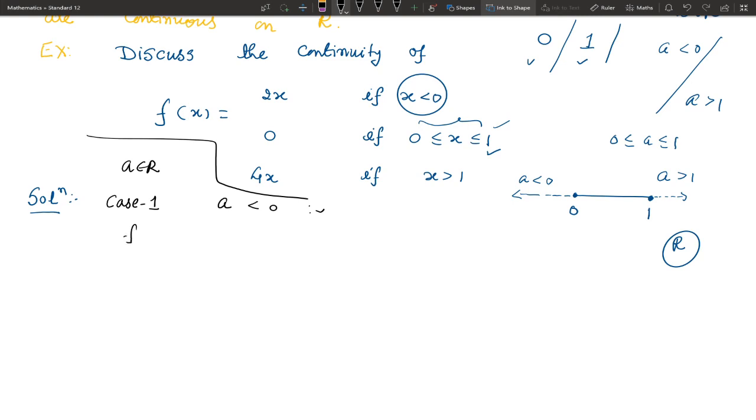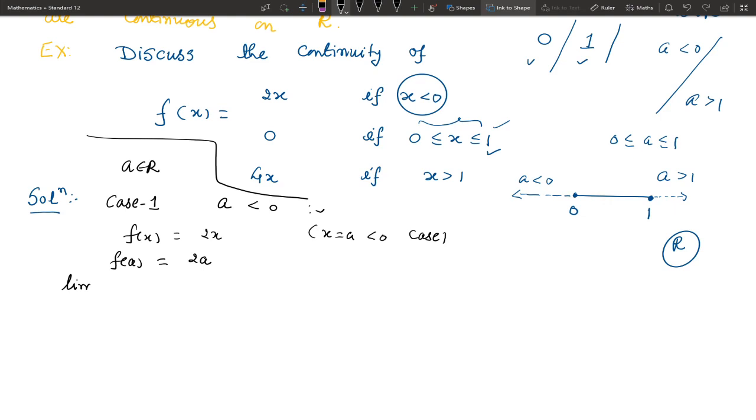So f of x for a less than 0 is 2x. So f of a is 2a.